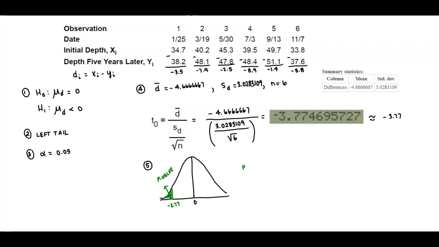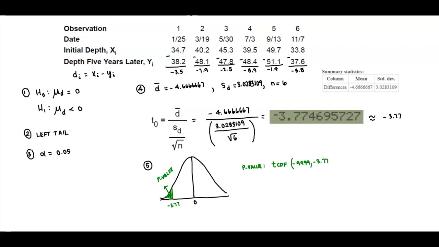Okay, so in order to find the p-value, we can either use the table or use what we've done before. We can use the t CDF, since that was what we're looking for. We know that the lower bound is negative 9,999. The upper bound is negative 3.77.